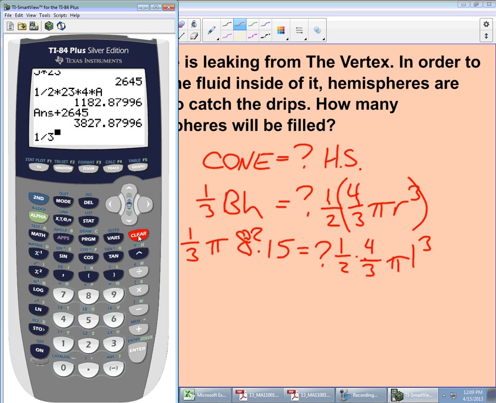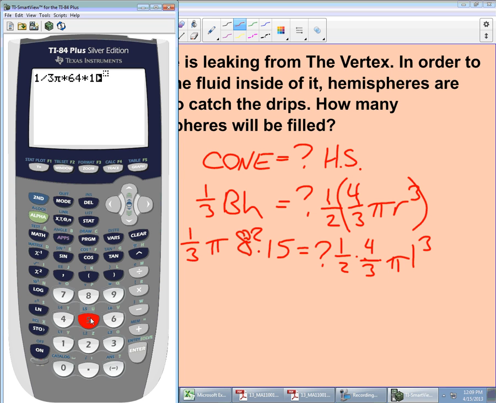So I'm just going to clear this back out and start over. 1/3 pi times 64 times 15. It's complaining about that exponent it's trying to bring in there. See if I can delete it. There we go.